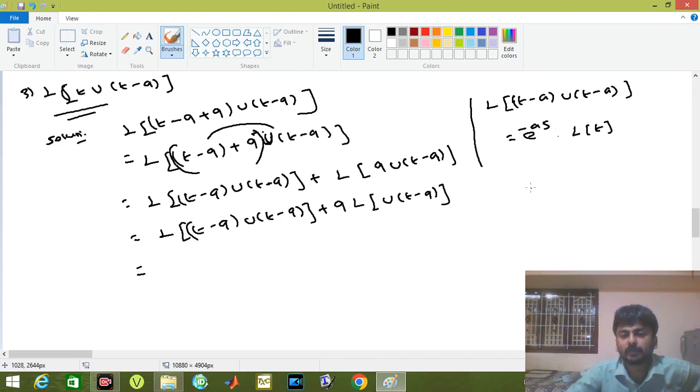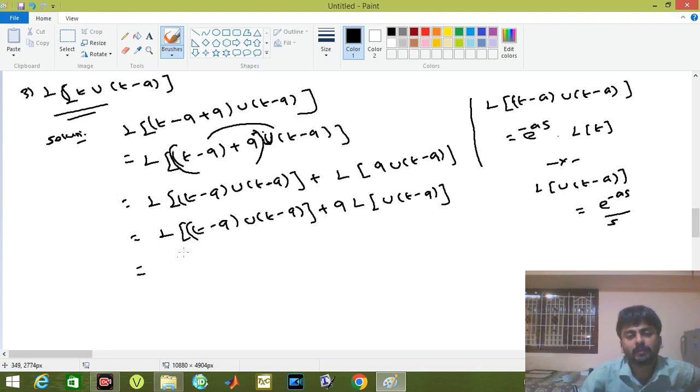And this is another property, which we have seen just now: L of u of (t minus a) equals e power of minus as by s. So by that property you will get e power of minus 9s into L of t.